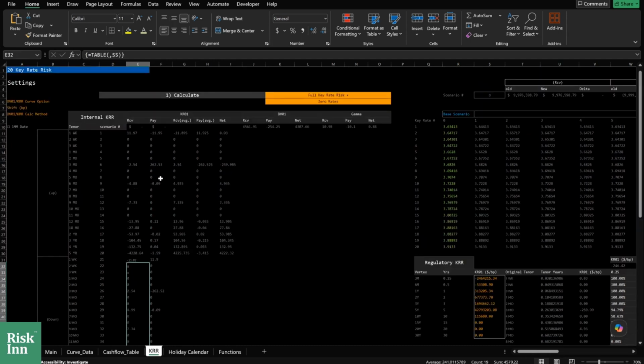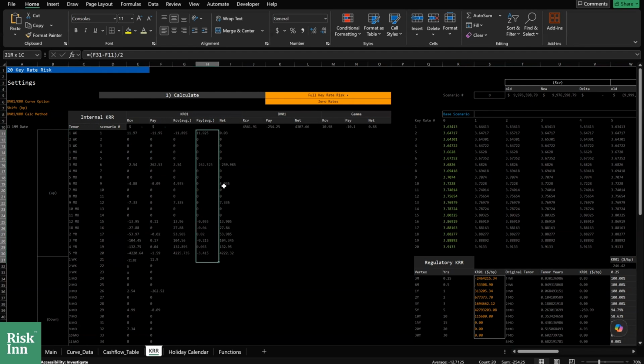Then you combine up and down to come up with one single PNL. Okay, this is how much the receive leg will change in present value terms if there is a 1 basis point shock in these tenors individually. This is called KR01 matrix.